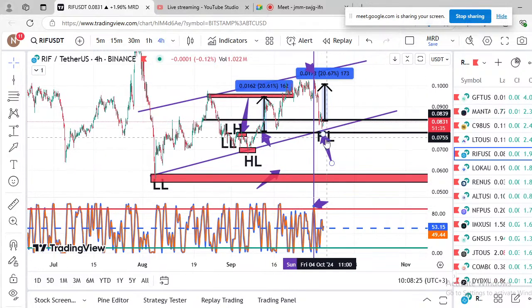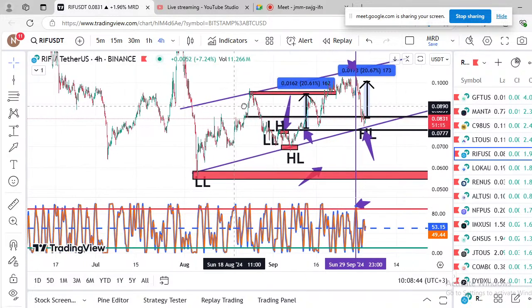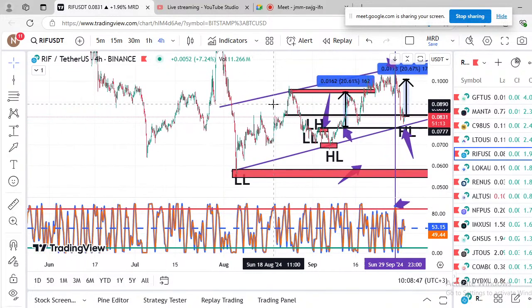It was forming what we call a higher low, and we expect this coin to move and form a new higher high, whereby before forming a new higher high, we will be out with our 20%. Hope I'm clear to you.